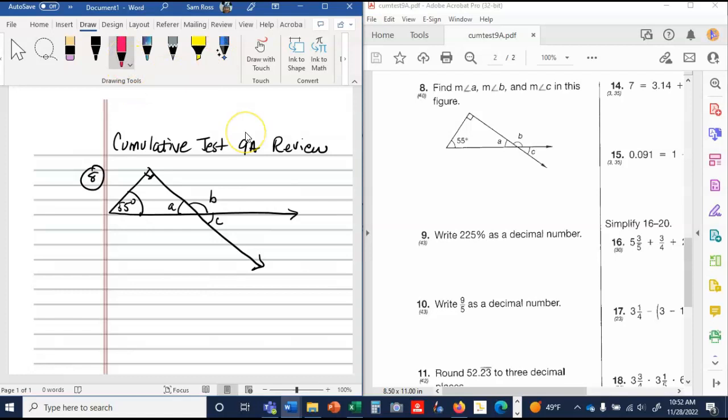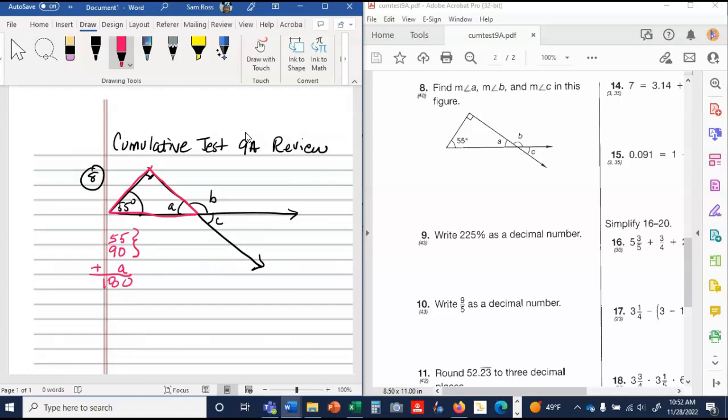Okay. So what I know about this triangle, which I'm going to put in red or pink, whatever, I know that all 3 of these angles add up to 180. So I know that 55 plus 90 plus A all equal 180. So what is 55 plus 90? 55 plus 90 is 145.